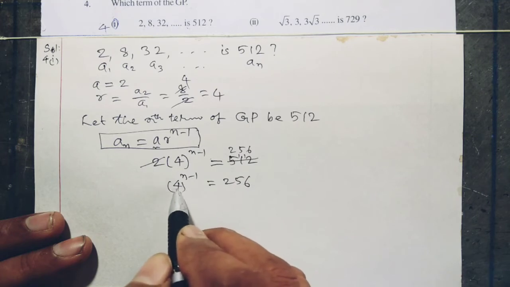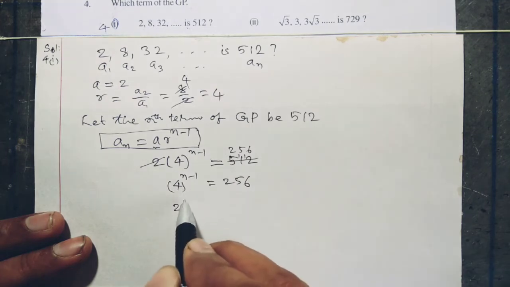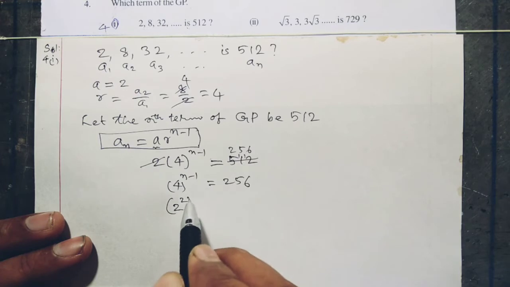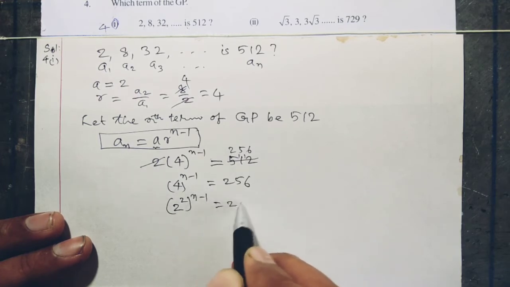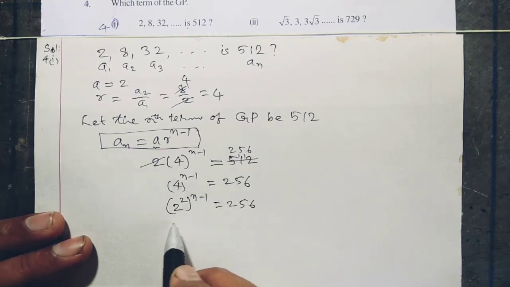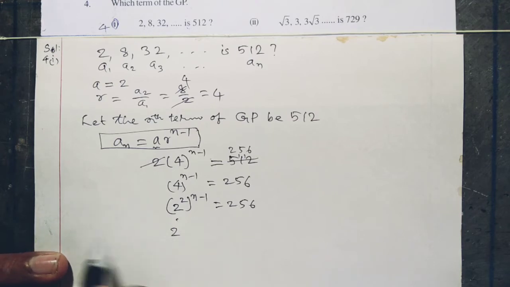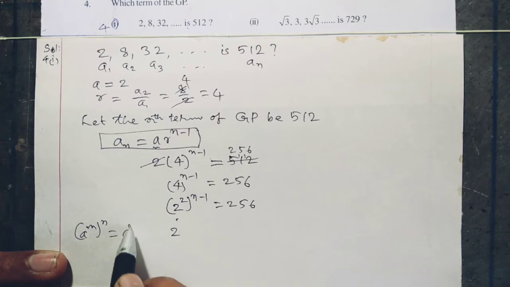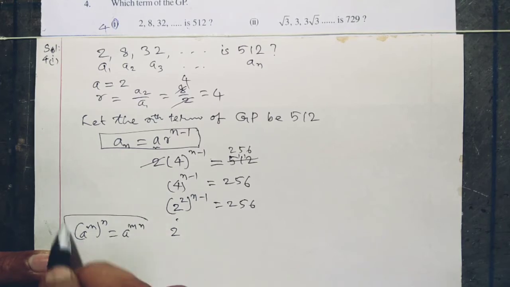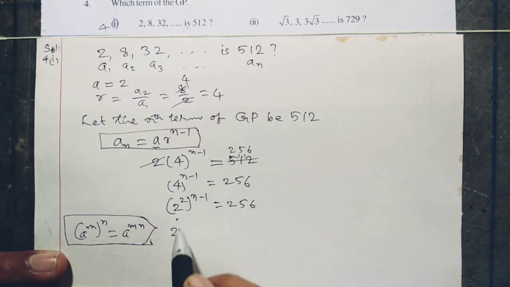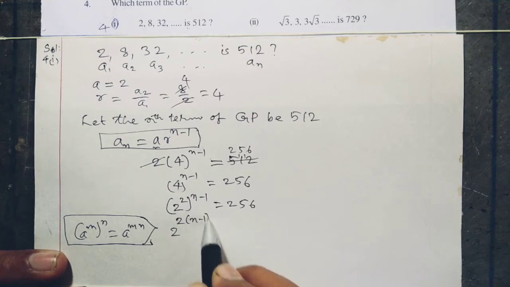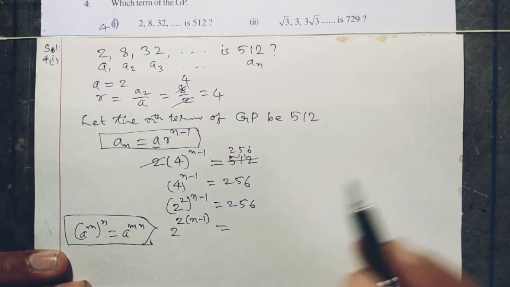We can write 4 as 2 squared, so 2 to the power of 2 whole to the power of n minus 1 is equal to 256. We know the formula: a to the power m whole to the power of n is equal to a to the power of mn. Based on this, we can write 2 to the power of 2 into n minus 1. We can write this as 256 also.